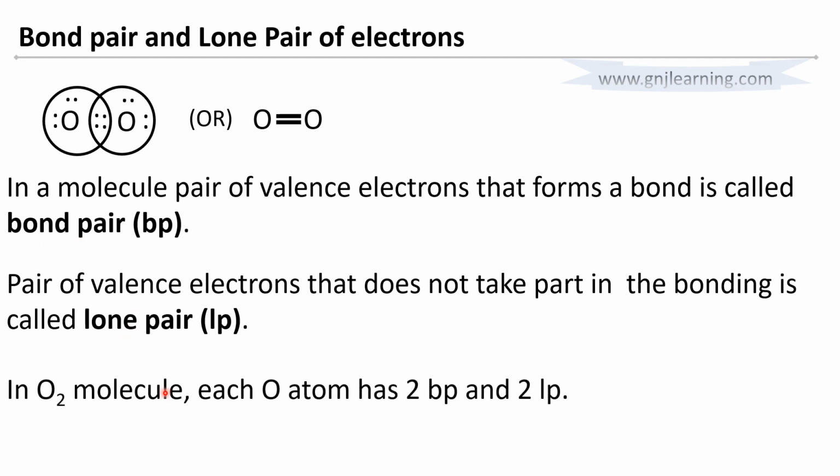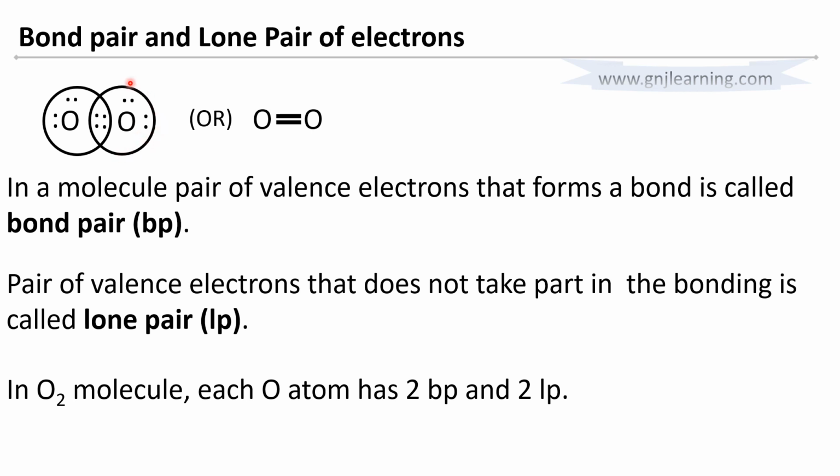In the oxygen molecule, each oxygen atom has 2 bond pairs and 2 lone pairs. Similarly for this oxygen too, 2 bond pairs and 2 lone pairs. Clear?